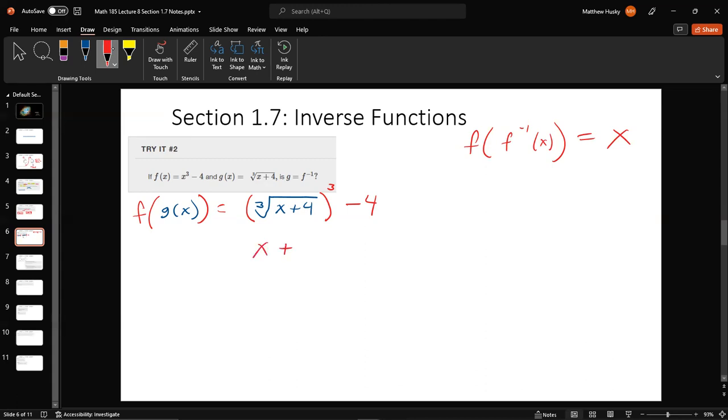That's just x plus 4, because the third root will cancel out the third power. So then what's left is x plus 4 minus 4. Fun fact, plus 4 minus 4 will cancel out. So that leaves you with x. So f of g of x equaled x.